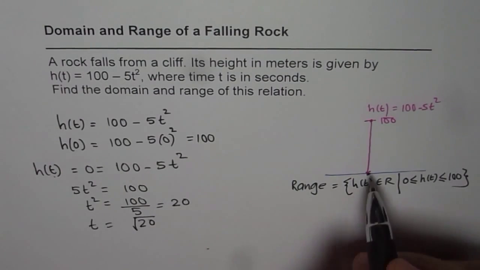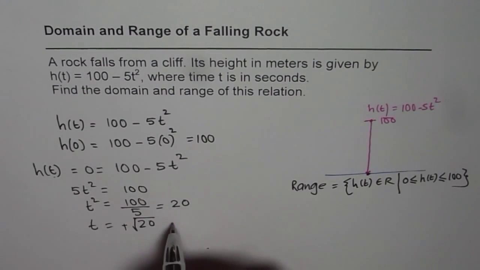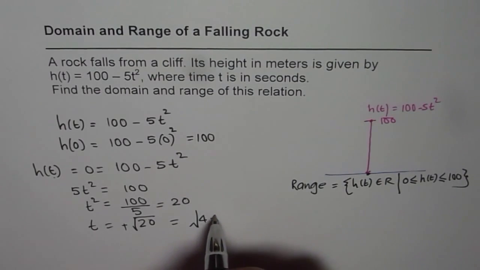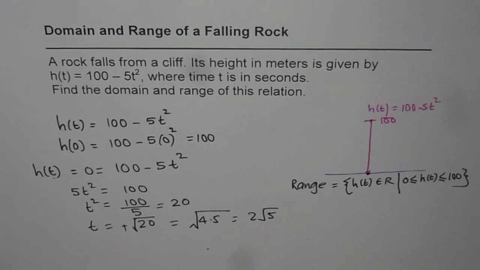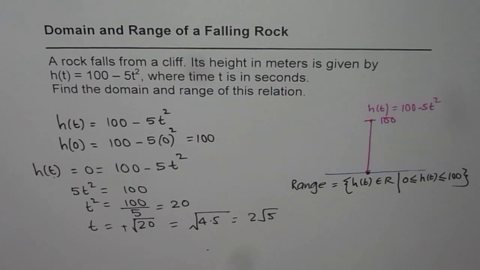But since time in this case is positive, we'll take the positive value only, right? So we get square root of 20, which you could write as square root of 4 times 5, or 2√5, right? So 2√5 is the time, and that gives us the domain for the function, right?